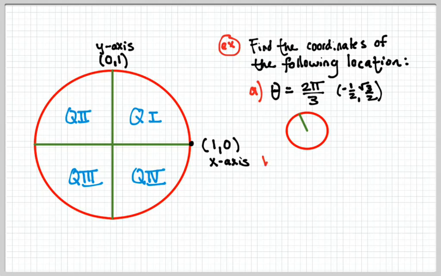All right, let's do part B. How about 7 pi over 4? Write this one down. Debbie, what did your group come up with? It's actually not a rad 3 over 2. It's a quarter.